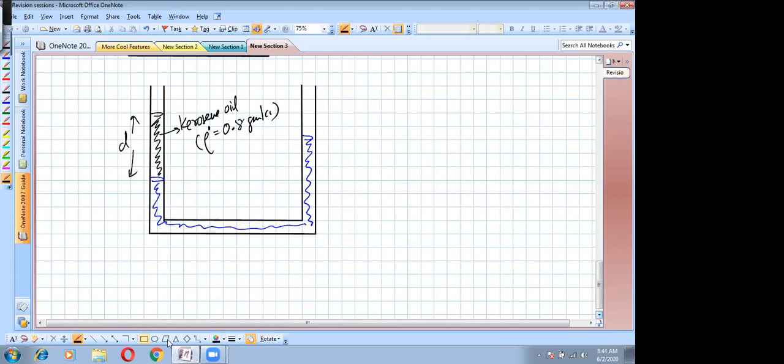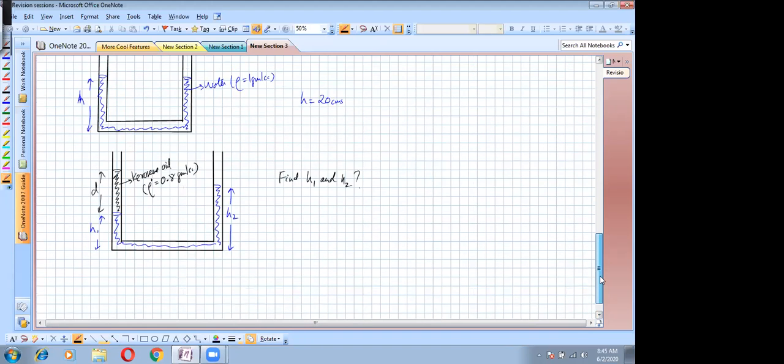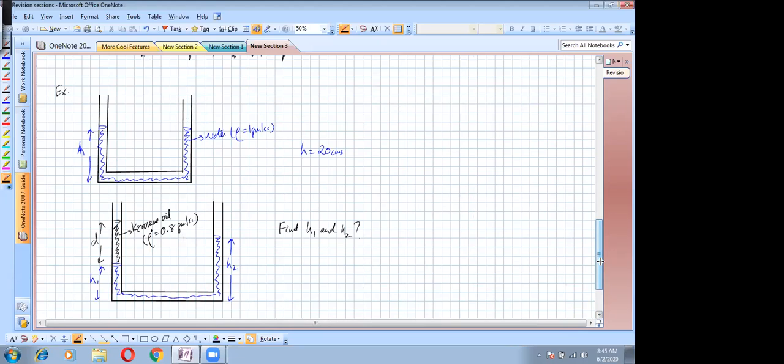So when we pour the kerosene, on one side the water level goes down and on the other side the water level goes up. So we want to find H1 and H2 when kerosene is poured like this. So this is a complete question. We will try this out.